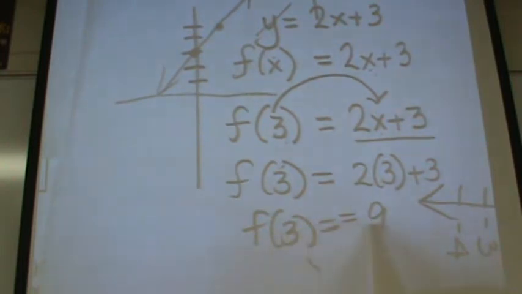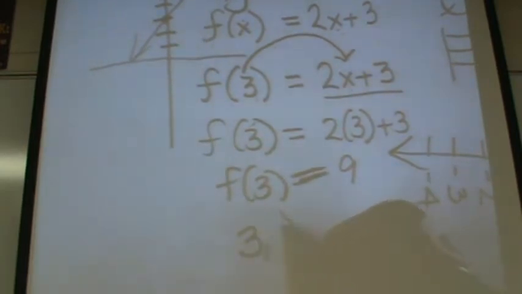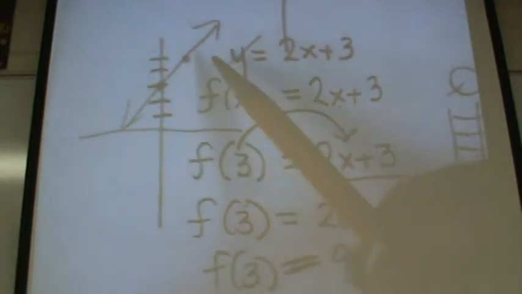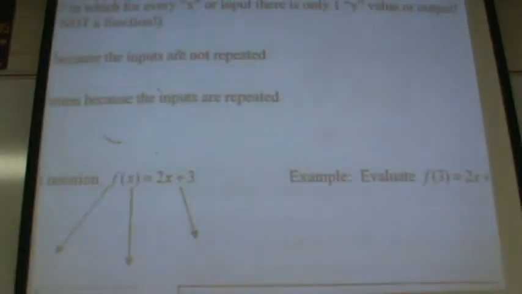That would be an ordered pair. Whoops, I have 2 equal signs. When x is 3, y is 9. So your input is 3, your output is 9. That would be an ordered pair that would fall on this line. Now, you have this here.